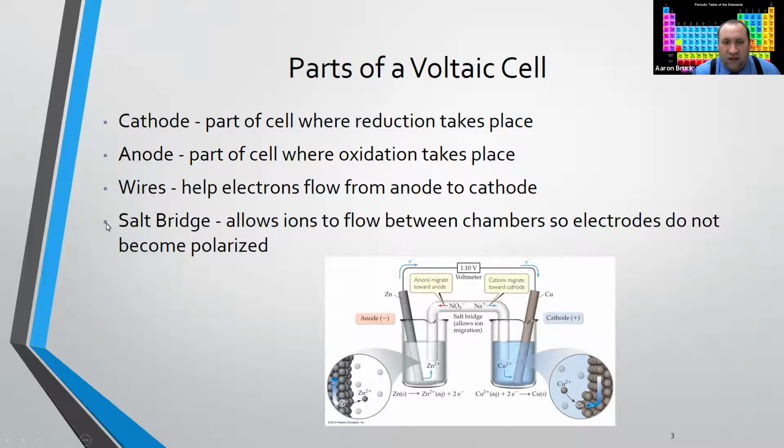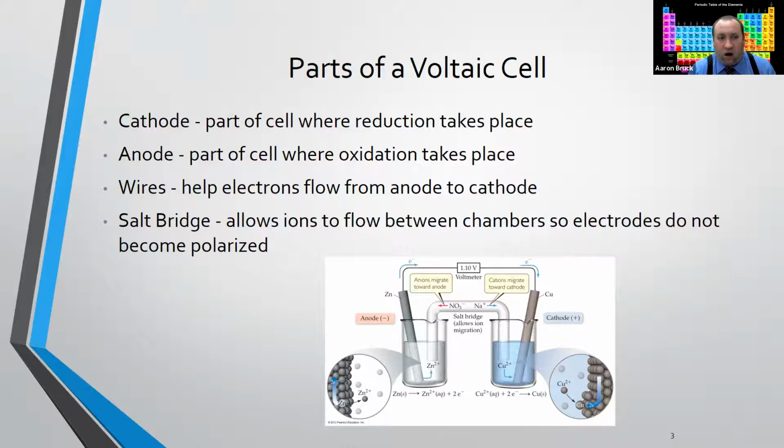The cathode is the part of the cell where we see reduction taking place. There's also an anode. The anode is the part of the cell where oxidation takes place. Easiest way to keep those straight is that cathode and reduction both start with consonants, and anode and oxidation both start with vowels.